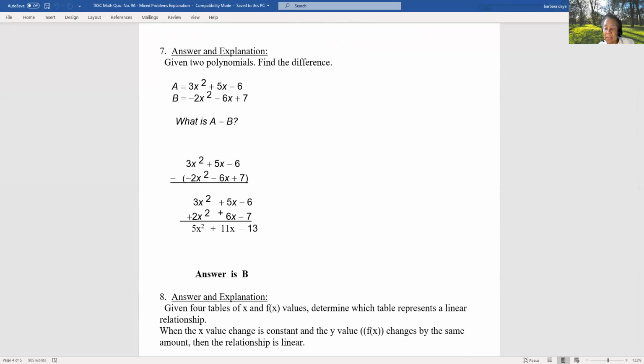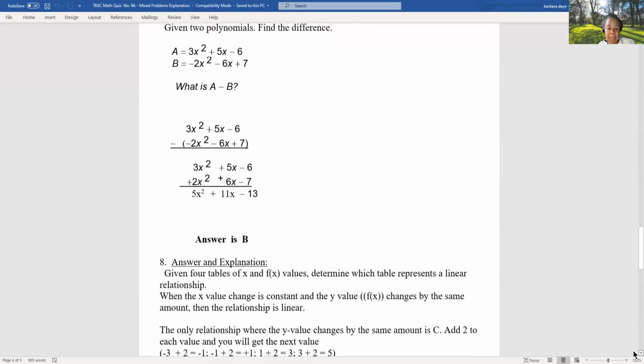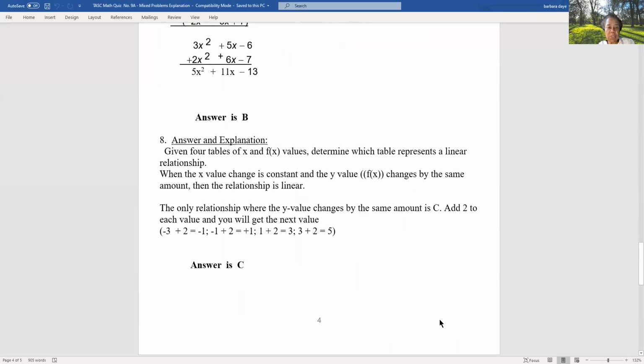Okay, let's look at the next question, number 8. We're given 4 tables of x and f of x values. Remember, f of x is the same as y, okay? Now we want to determine which table represents a linear relationship.